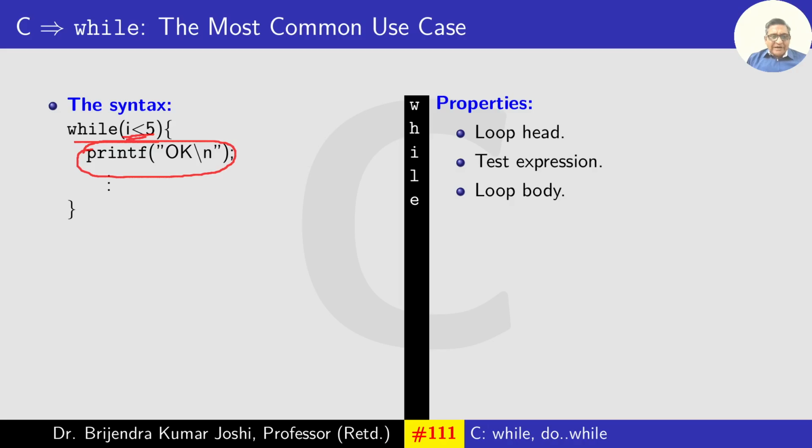So this is the loop head, including the keyword while and test expression. The test expression is this one, i less than 5. Then whatever statements you need to execute, this makes the loop body.